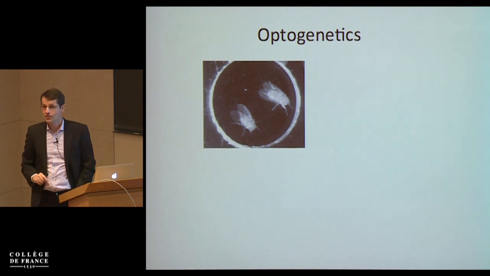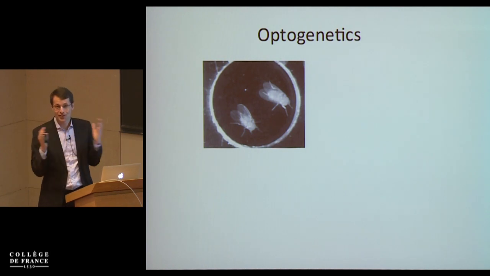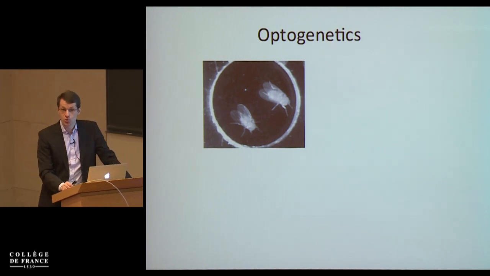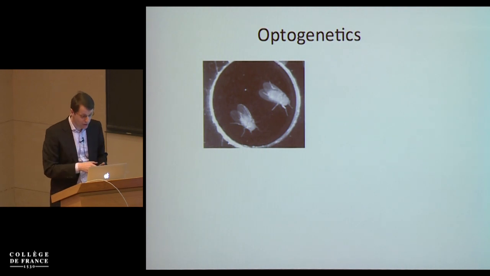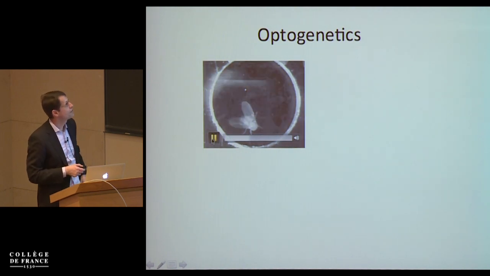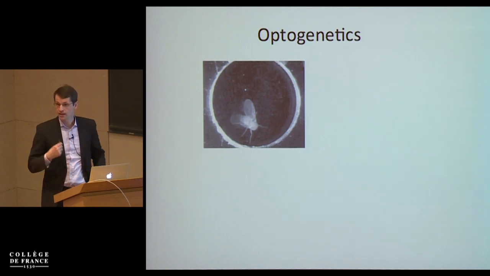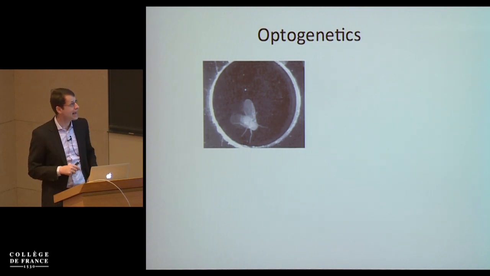Okay, so this is where I would like to stop and summarize what I talked about today. I started with optogenetics and its usefulness to study the brain. Historically, it started with this famous experiment by Gerry Benzer with the headless flies that were able to fly away because he controlled the neurons by light.